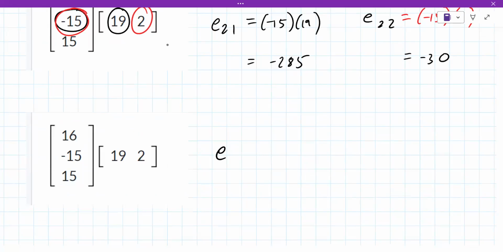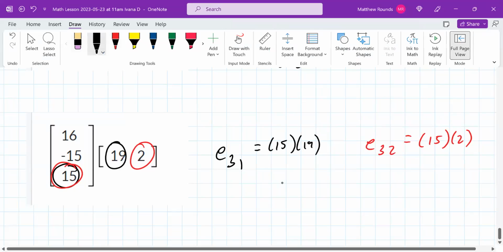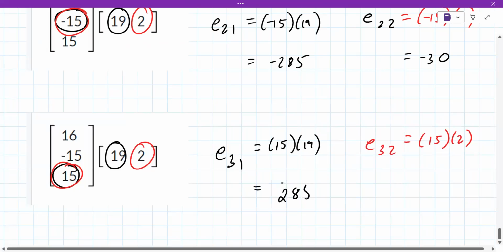And then similarly, to find E31, you take the third row times the first column, 15 times 19. And then to find E32, the third row and the second column, 15 times 2. This ends up being 285 and 30.